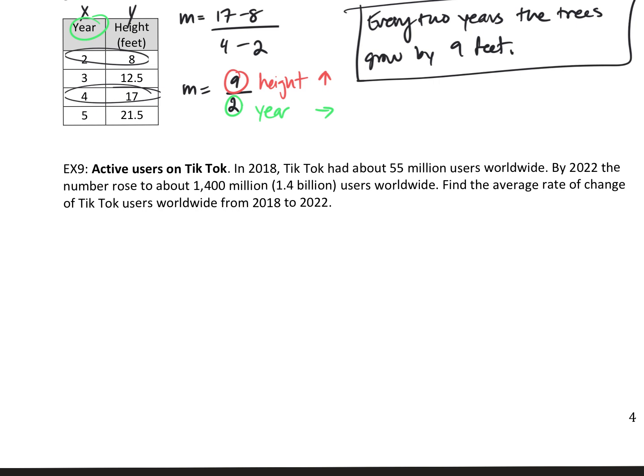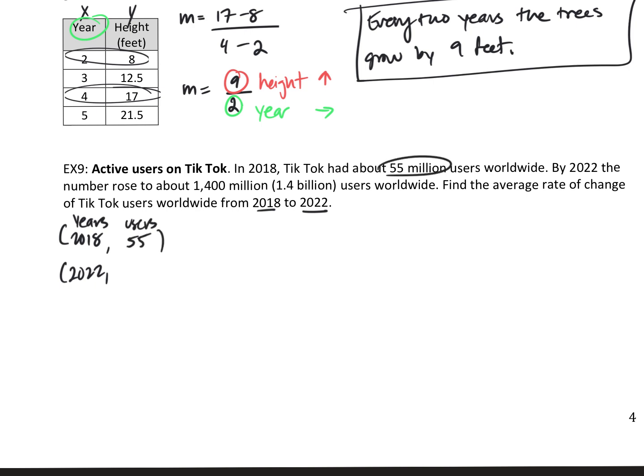What are the pairs of information we have here? We're trying to figure out the comparison from 2018 to 2022. So I'm talking about years. So I know I have 2018 and 2022. What are the matching pair for the number of people? So for users, in 2018 we had 55 million.